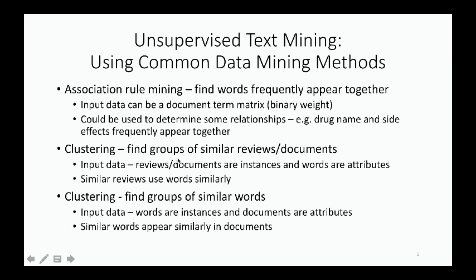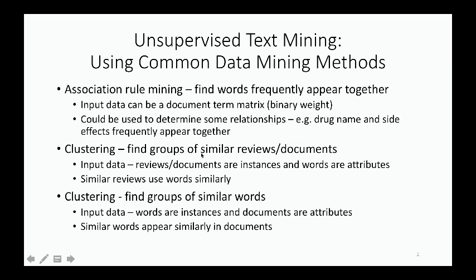And if a record is a review, like we have in the past tutorials and assignments, or a record is a document, and the attributes are words, then using this type of input data, when you do clustering, essentially you're finding groups of similar documents or similar reviews, and clustering methods such as k-means will determine that reviews or documents are similar because they use some similar words or use words similarly.